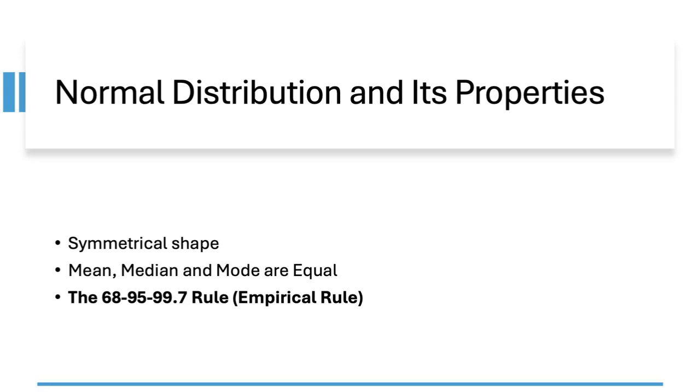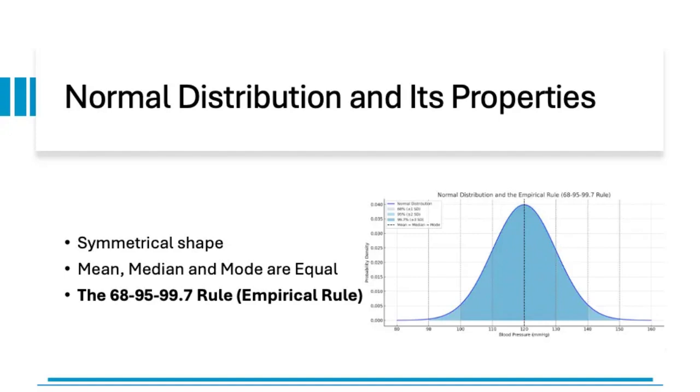Then there's the 68, 95, 99.7 rule, which is known as the empirical rule. It means that about 68% of values fall within one standard deviation from the mean, about 95% fall within two standard deviations, and about 99.7% of values fall within three standard deviations. As an example, say the average blood pressure in a group of patients is 120, with a standard deviation of 10.